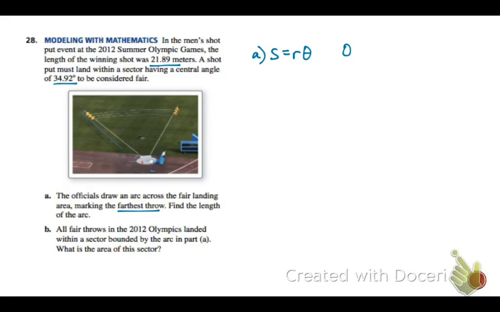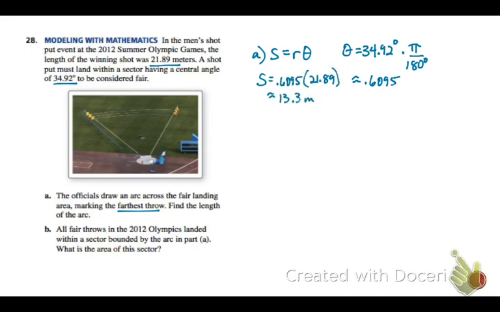We're going to use 34.92 degrees. The first thing we need to do is convert that angle. It starts with a decimal, so we're going to estimate it, and I went to 4 decimal places. I actually did the angle first in radians, times our radius.